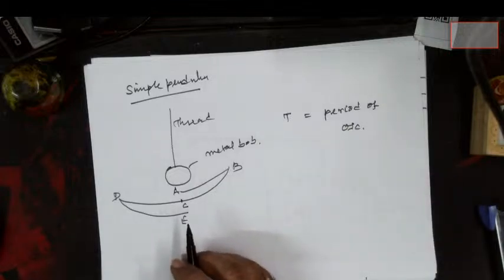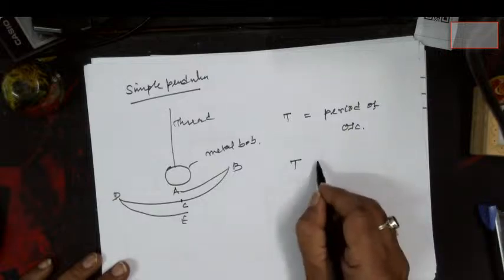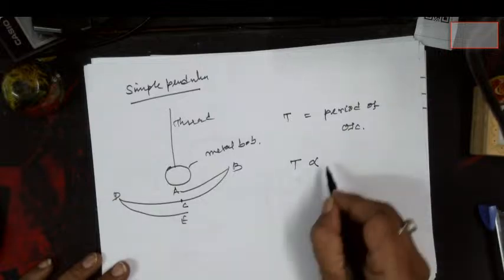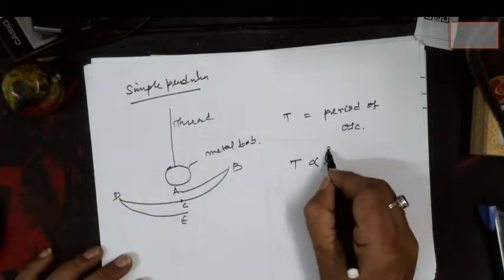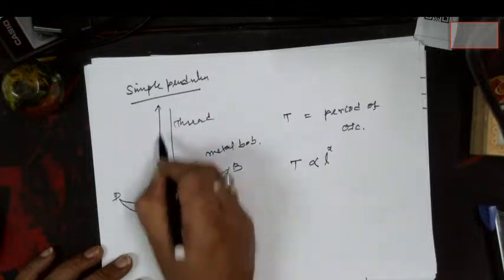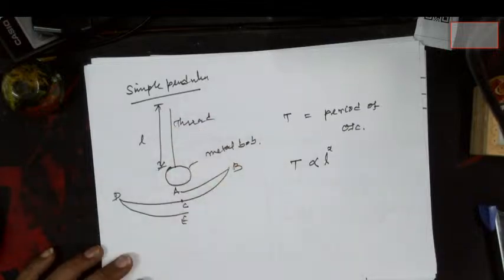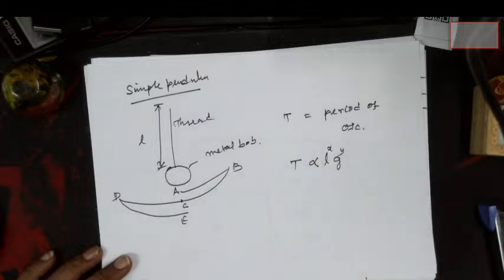Oscillation of a simple pendulum. So this period of oscillation depends on, let us assume, L, but let me say that is power x. That is, it depends on the length of this thread. Let me put L. And it depends on the acceleration due to gravity, so you can put g power y.